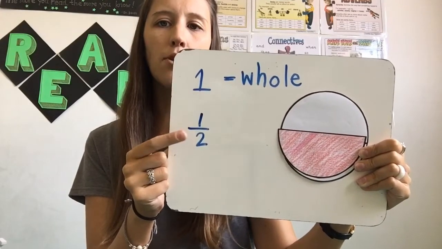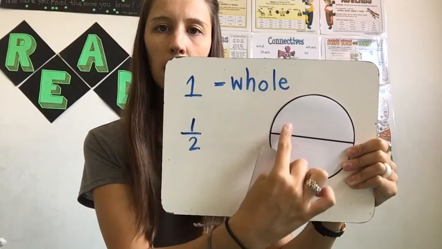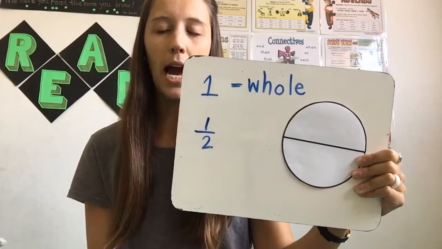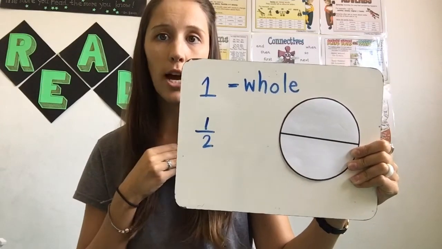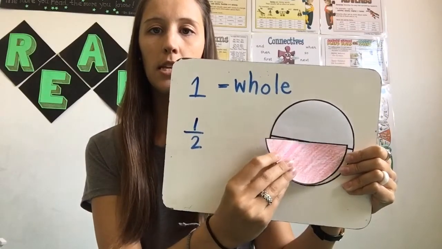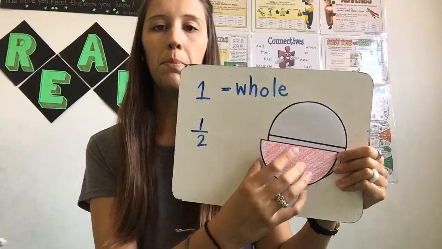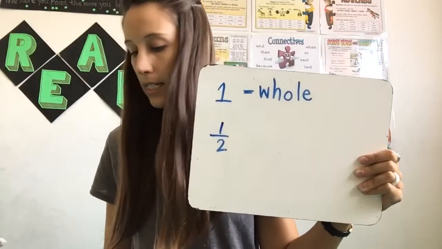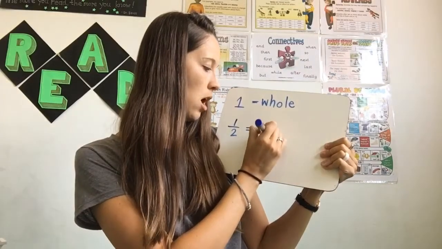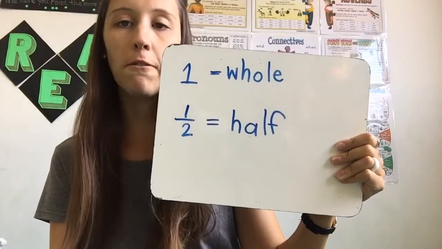So the number I write at the bottom will tell me how many pieces I have shared the chocolate into, and the number at the top will tell me how many pieces I get to have or how many pieces my friend will get to have. In this case, my friend gets to have 1 of the 2 pieces. And when I see a number written like that, I call that 1 half. My friend will get half of my chocolate.